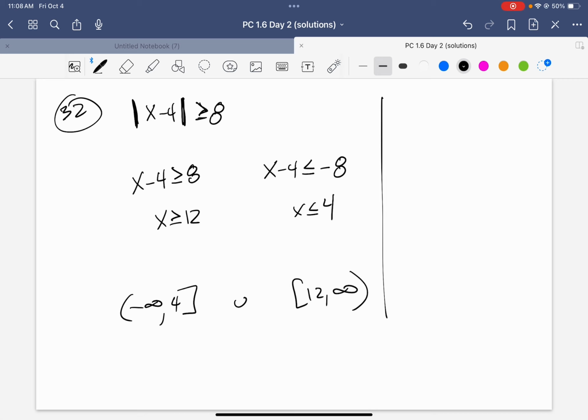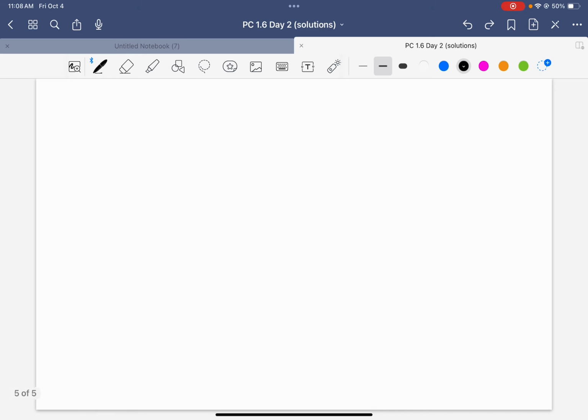If that's 32, next is 34. 34 says absolute 3x minus 5, again, is greater than or equal to negative 13.